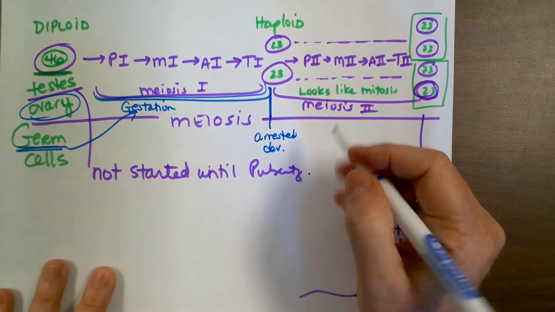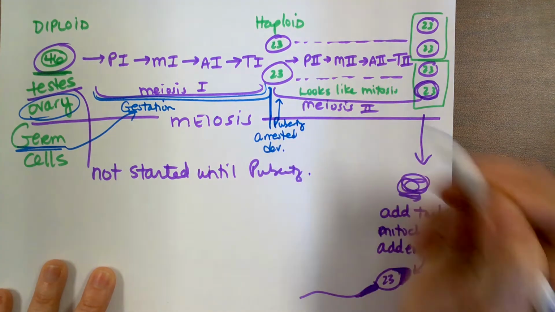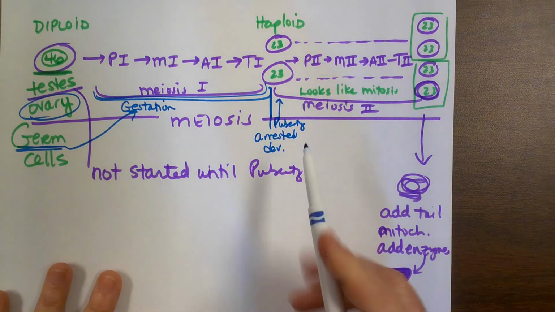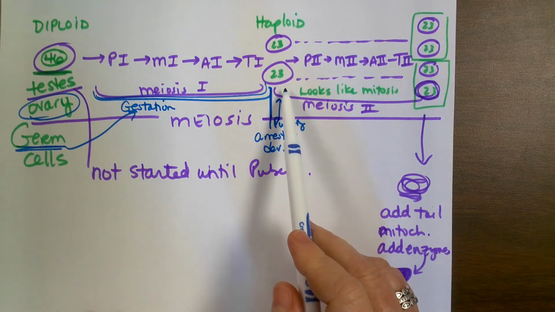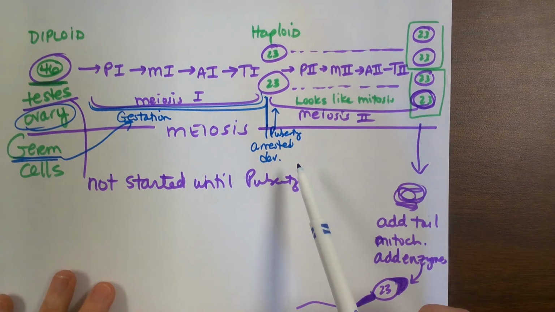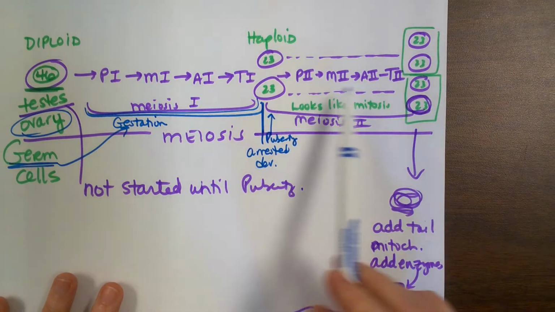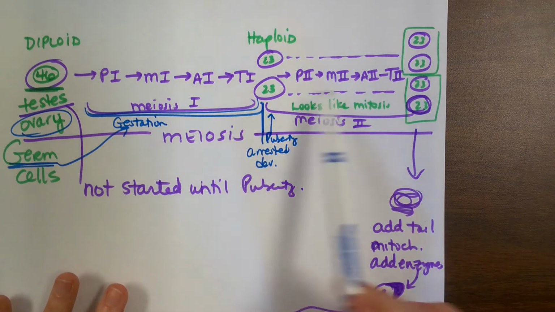All right. So for females, this is when puberty starts. Okay. When puberty starts, then one of these cells a month will go through meiosis. Dramatically different from males. All right, millions of times this occurs daily for sperm production in males.